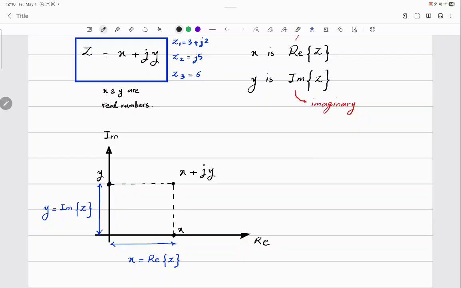And I'm standing on the origin point. I'm standing right here. I wish I were this thin, but I'm standing right at the origin. How can you direct me to move from origin to the point where z is located?